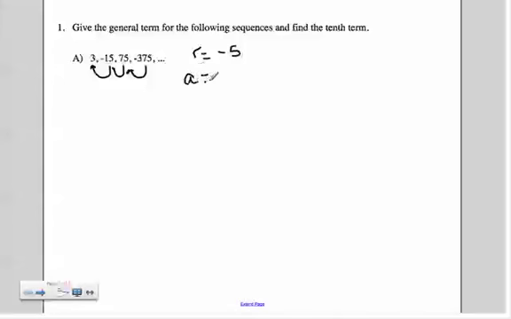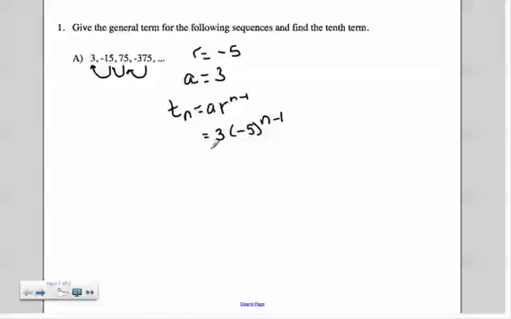A is still and always will be the first term, so in this case A is 3. The formula for geometric sequences is AR to the n minus 1. You want to be really careful that the n minus 1 stays in the exponent. Now I fill it in, so it's 3 times -5 to the n minus 1, and that is the formula.